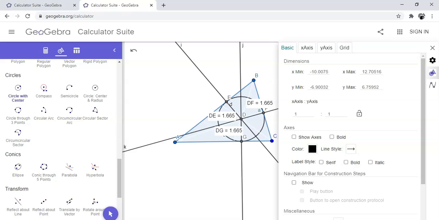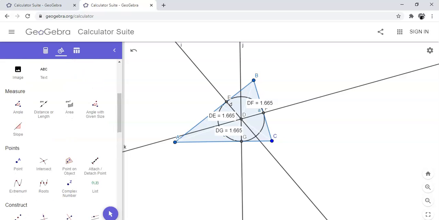So the incenter is inside the triangle, drawing a circle inside the triangle, touching the side of the triangle once. And again, that makes sense because then each of these distances, DF, DE, and DG, those segments are radii.